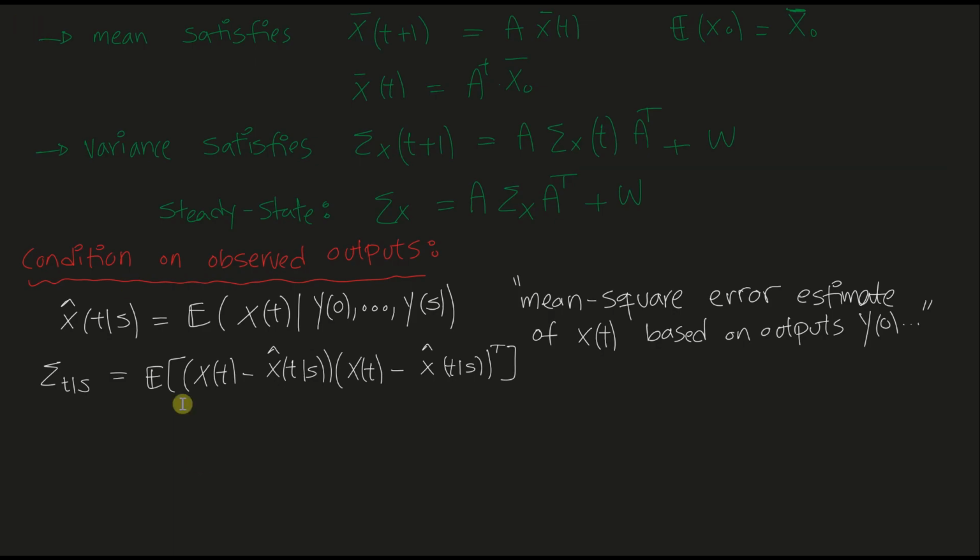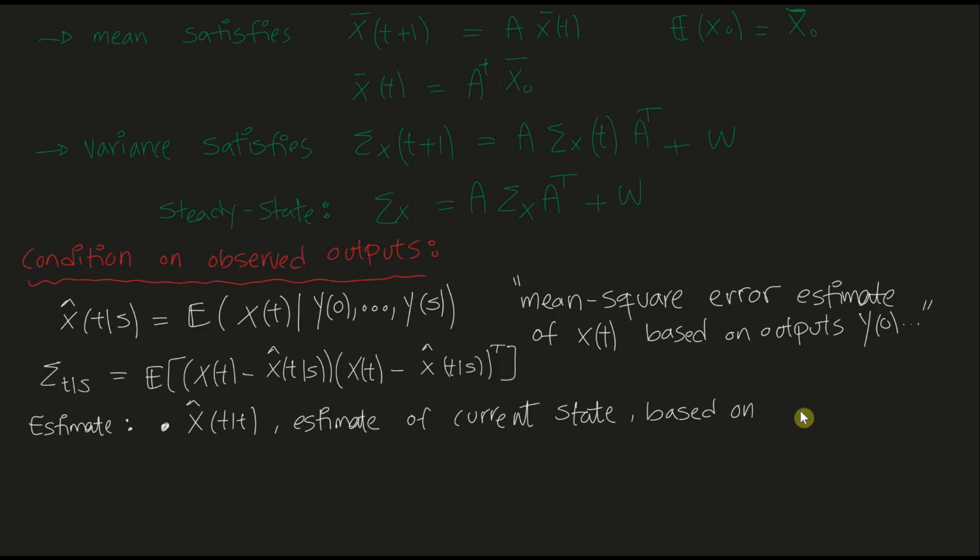All right, so before we move any further, I think we should explain and elaborate on this whole notion of conditionality and what we are trying to estimate. So if I have x hat for time t given t, what we're trying to estimate is the current state based on current and past observed outputs.